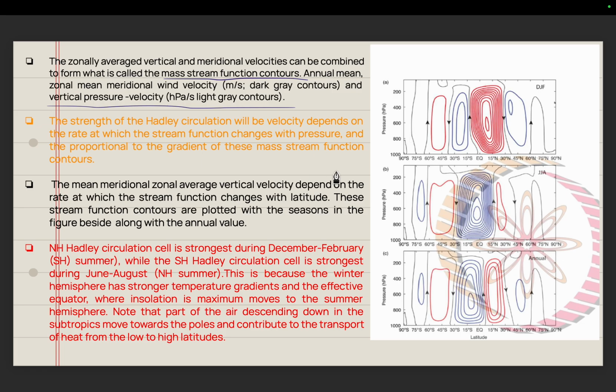The strength of the Hadley circulation depends on the rate at which the stream function changes with pressure, and is proportional to the gradient of this mass stream function. The mean meridional and zonal average vertical velocity depend on the rate at which the stream function changes with latitude. These stream function contours are plotted for the seasons in the figure beside, along with the annual value.